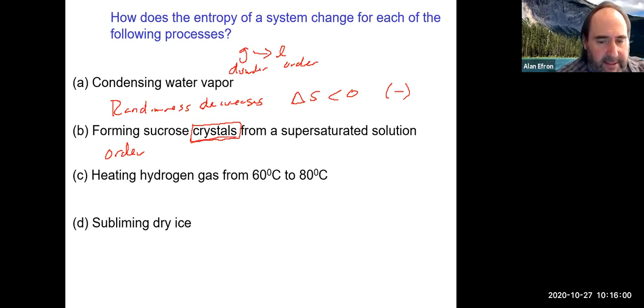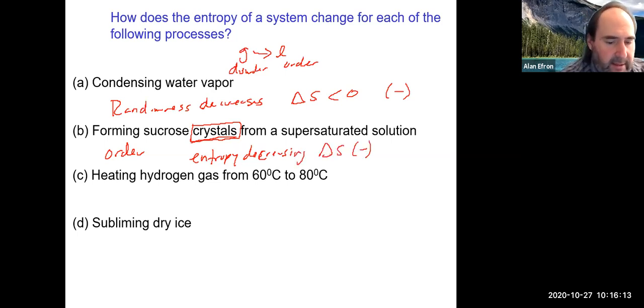That also means the entropy should be decreasing and the delta S should be negative here as well. Again, we're going from more disorder in a solution to a more ordered crystal or solid situation, so we would expect delta S to be negative.